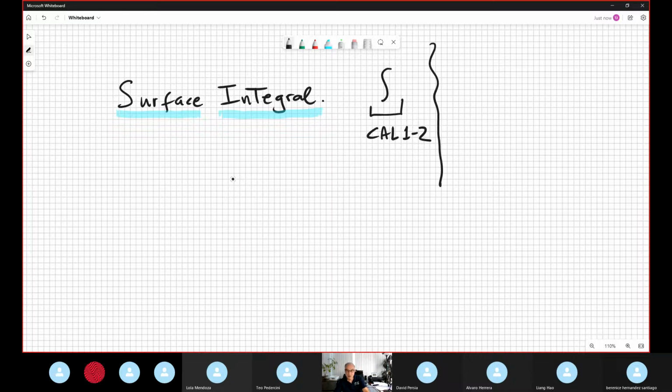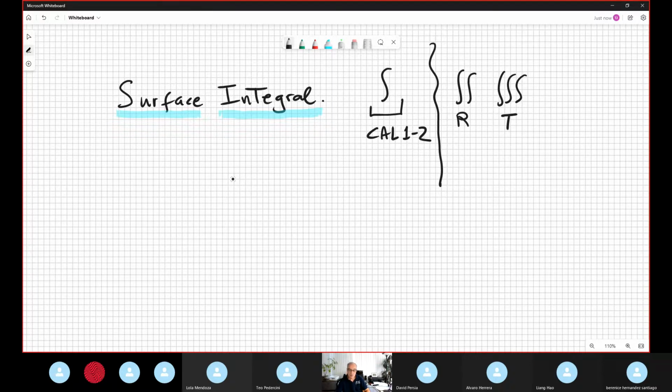This is multivariable with me. Double integral. Triple integral. Okay? The double integral and the region R. The region R is flat, maybe in the XY plane or another plane, but flat. The triple integral is over a solid, T.